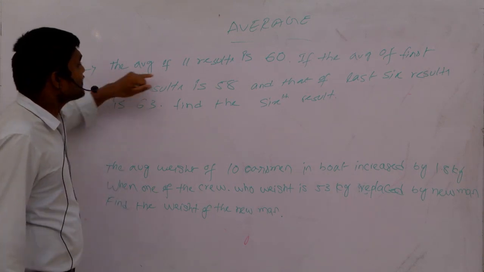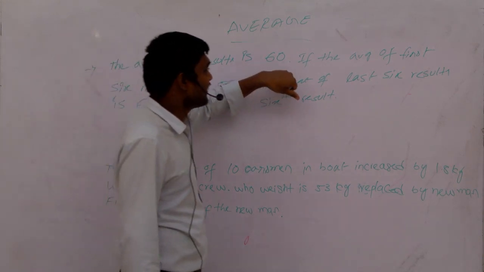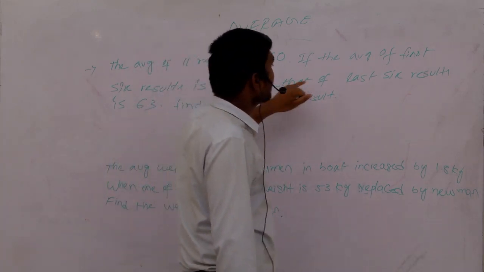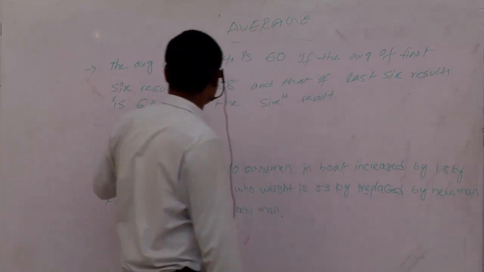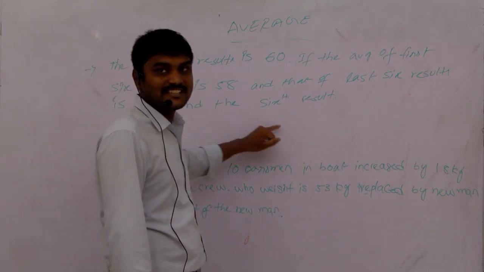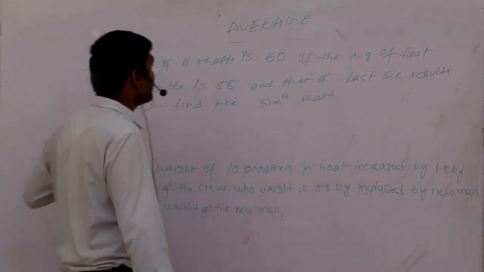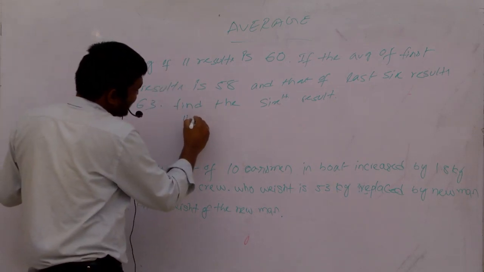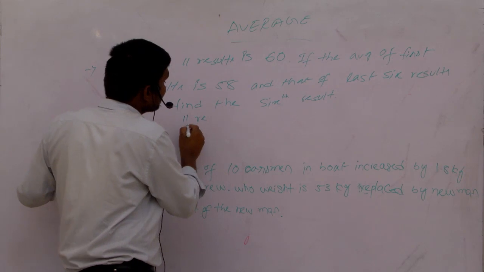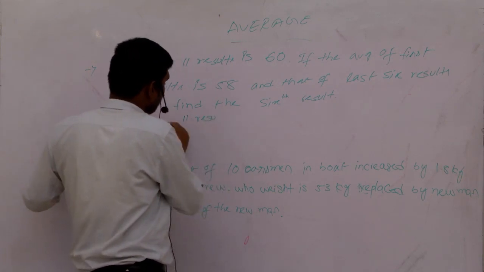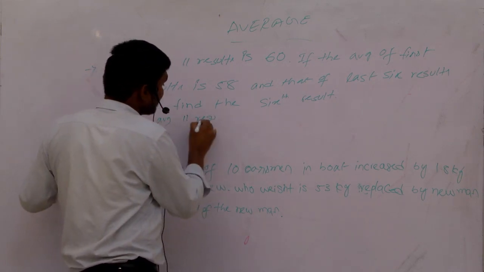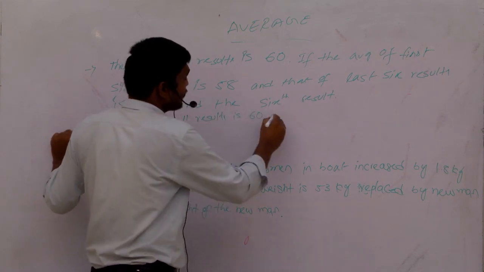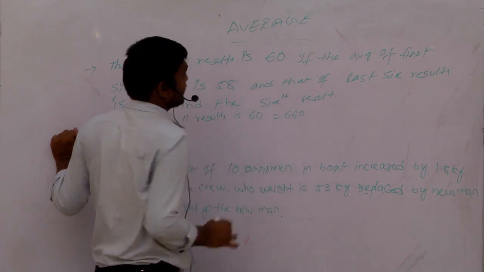So the average of 11 results is 60. If the average of the first 6 results is 58 and that of the last 6 results is 63, find the sixth result. So here, the average of 11 results is 60, so that's why the total is 660.